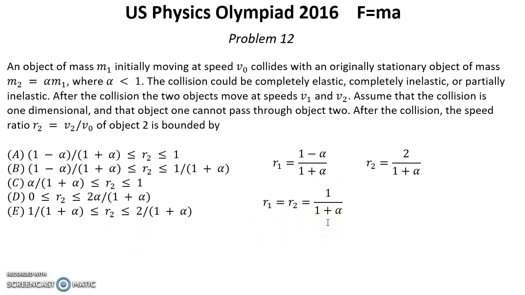And now the result will be E, the correct answer, because in case of absolutely inelastic collision we have minimum possible speed, and in case of absolutely elastic collision we have maximum possible speed of the second object. So the correct answer is E.